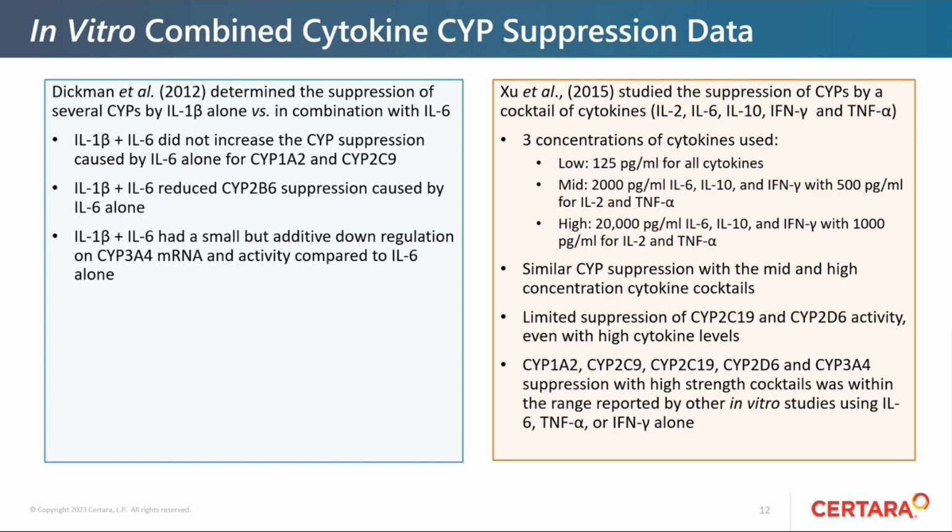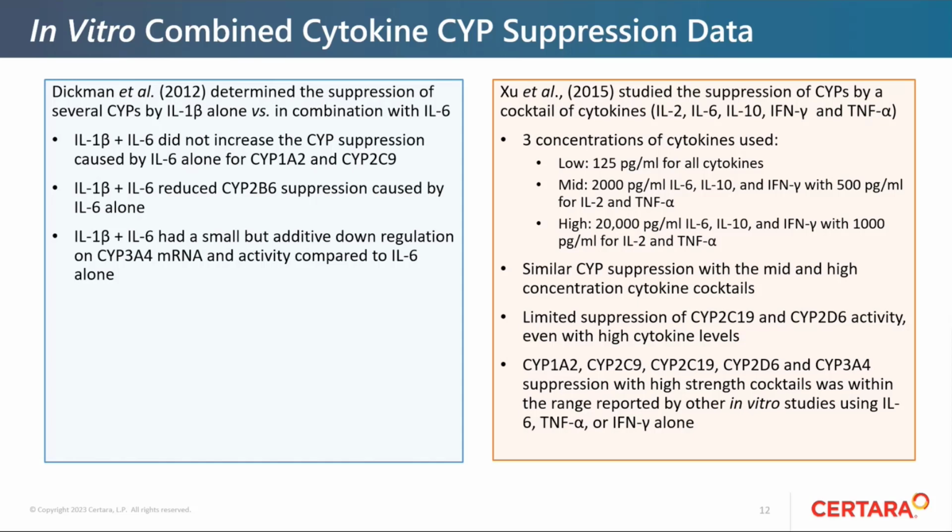There was very limited suppression observed in most donors for 2C19 and 2D6 activity, and there was a greater than 50% suppression of 1A2, 2C9, and 3A4 activity at the highest cytokine levels.